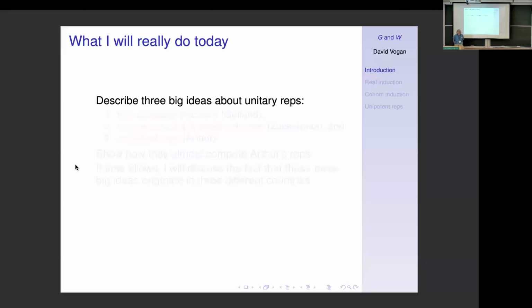So what I want to do today is talk about three fantastic ideas I learned early on. Well, my father was a preacher, and there were two things about sermons. You should talk about big ideas, which are great, and which are not yours. And so the first big idea that I want to talk about is real parabolic induction, more or less put into the world by Gelfand.